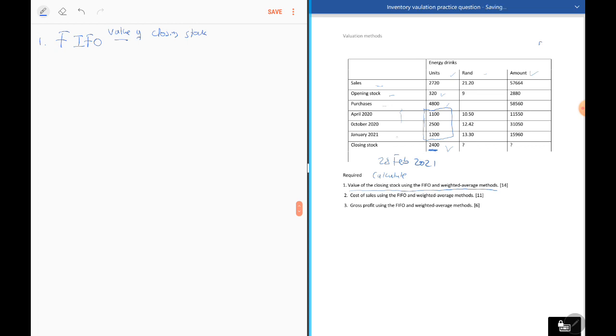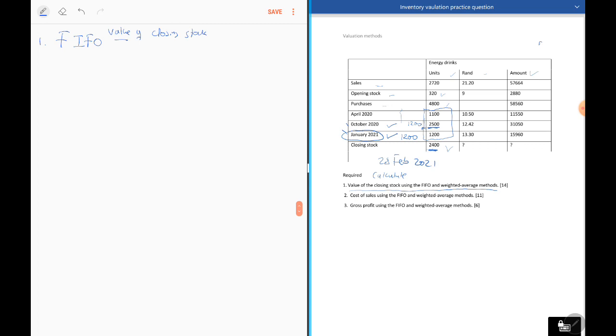This 2,400 consists of stock from January, because it's the most recent one, and also some of the stock from October, because when you subtract 1,200 from 2,400 you get 1,200. So the 2,400 consists of all the stock from January, 1,200 units, and 1,200 units for October, because we must remain with stock on hand of the items we bought most recently.